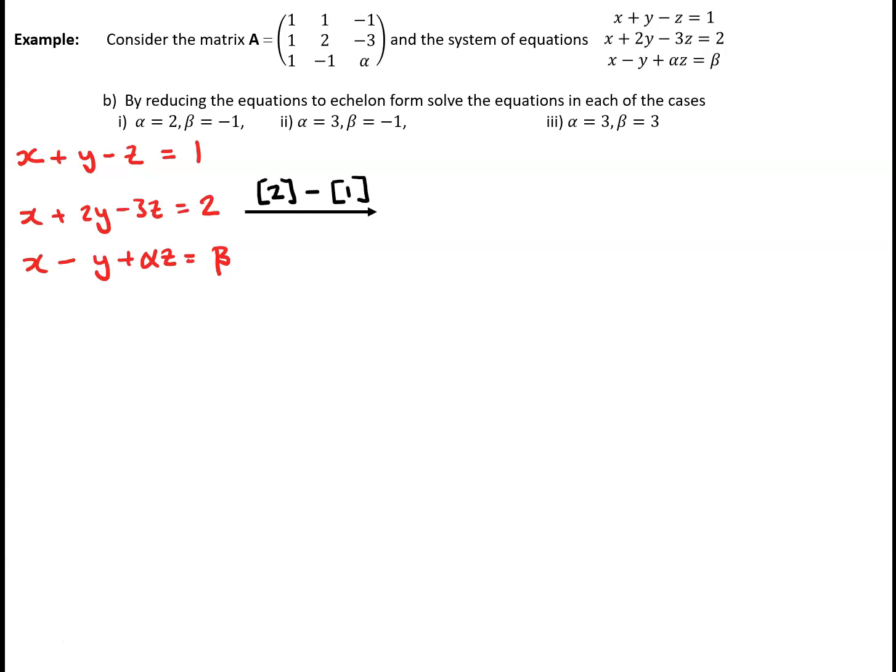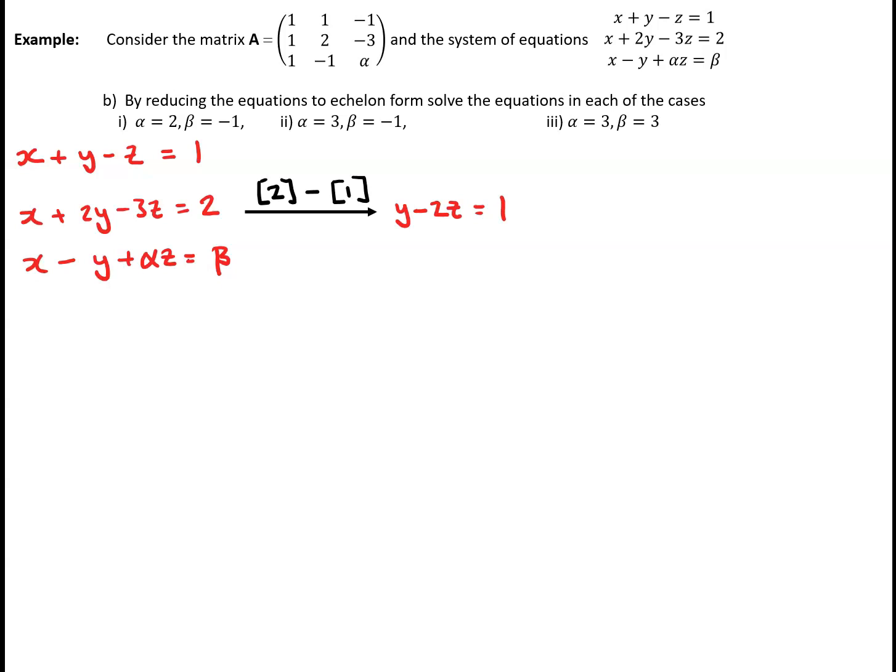So, making my method clear again, the first thing I'm going to do is take equation 2 and subtract equation 1. So the x take away the x gives me 0, 2y take away y just gives me y, minus 3z minus z gives me minus 2z, equals 2 take away 1, which is 1. So I'm going to end up with y minus 2z equals 1.